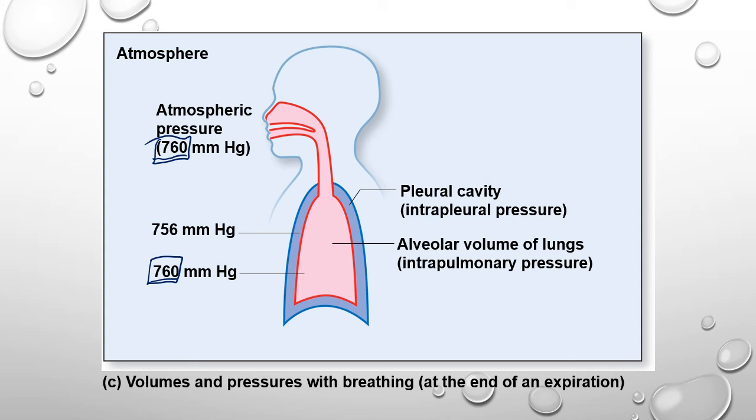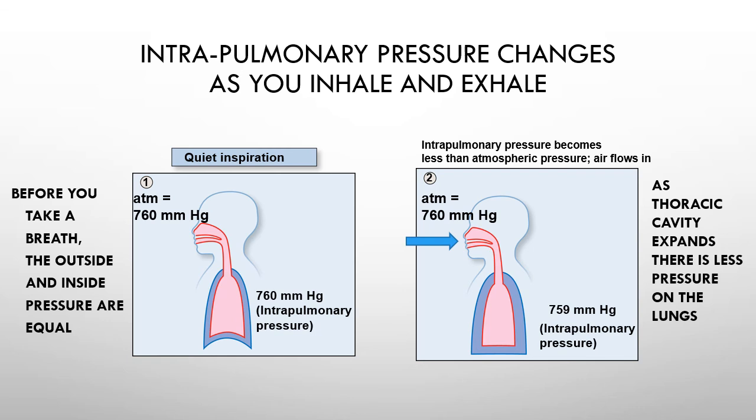But you'll notice that the intrapleural pressure is still lower than the two. It's always going to be lower than that of either atmospheric pressure or intrapulmonary pressure. The two of those are always going to never equal one another. If they do equal, and we'll talk about this in just a moment, then in a sense, kind of bad things happen. So as we go to take a breath in, we've got 760 millimeters, 760 millimeters.